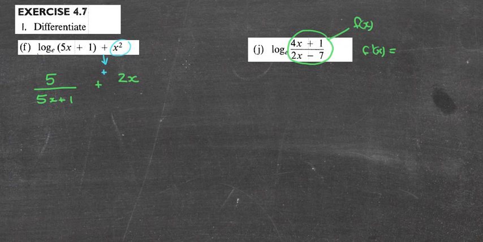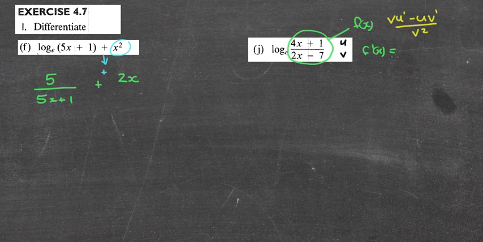So if I look at this part here, we know that I call this top part u and bottom part v, and this is going back to looking at our quotient rule, which is v u dash minus u v dash all over v squared. Okay, so we're going to need to differentiate that.